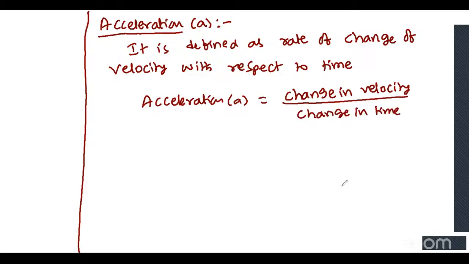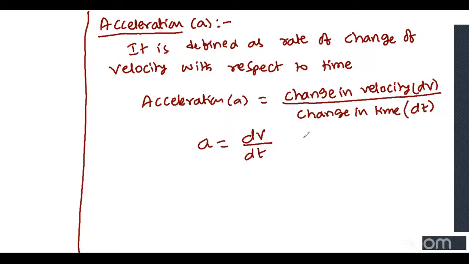Velocity will be indicated with V. So change in velocity, can I say dV? Change in time is dt. So it is A equal to dV by dt.